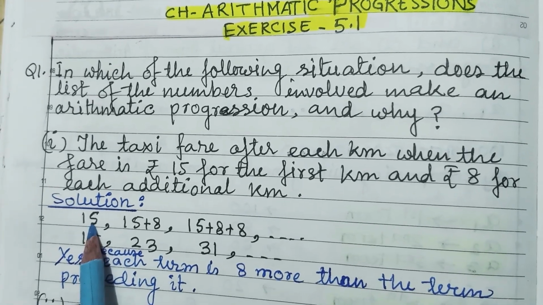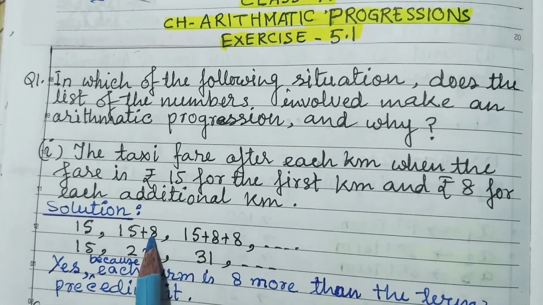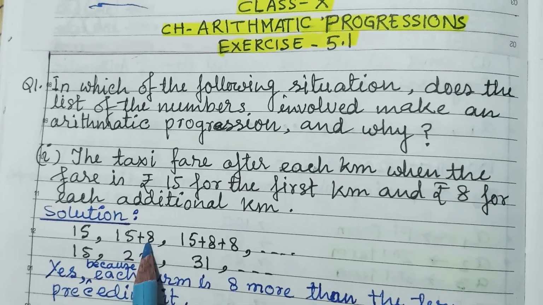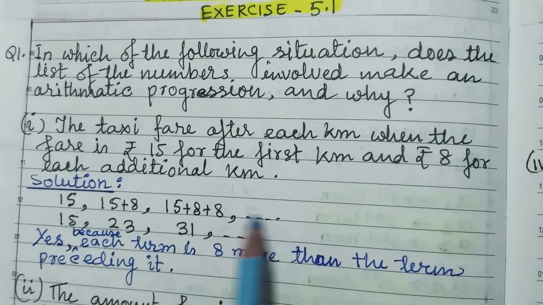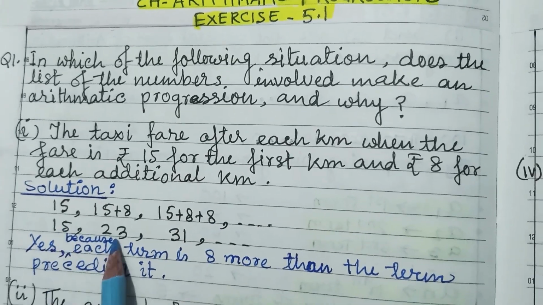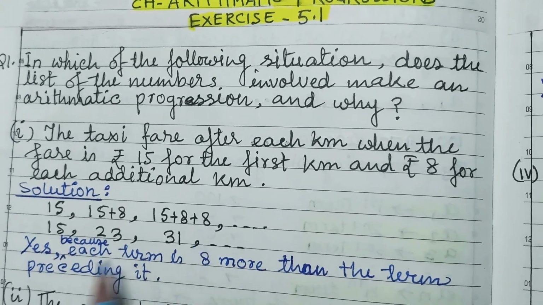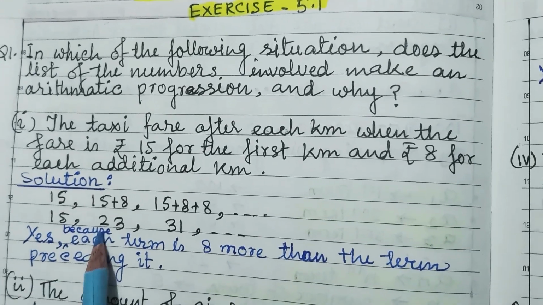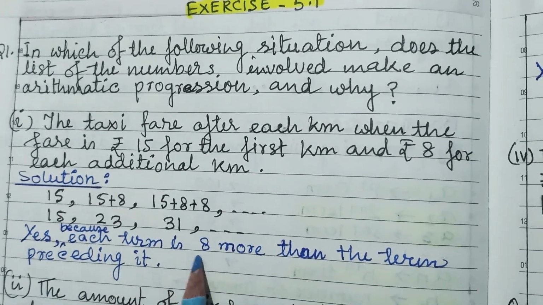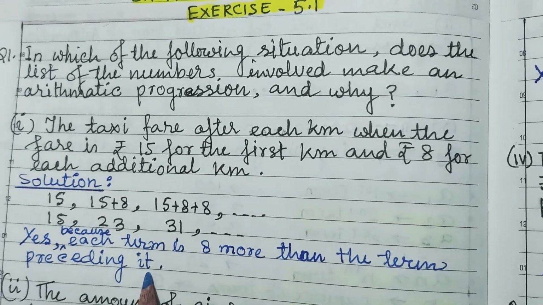First is 15 rupees. For each next kilometer, 8 rupees more: 15 plus 8, then 15 plus 8 plus 8. So these are 15, 23, 31. The common difference is the same. So yes, because each term is 8 more than the term preceding it.